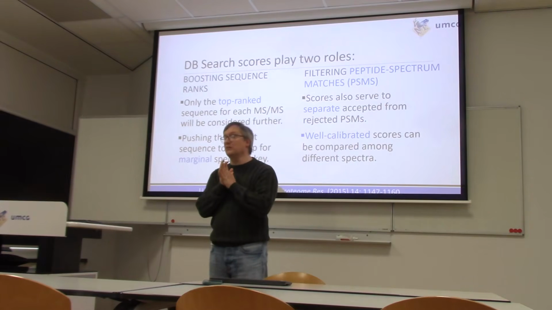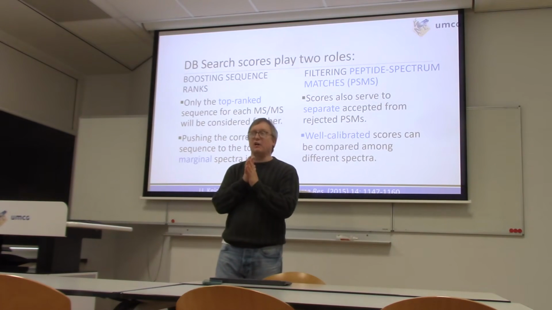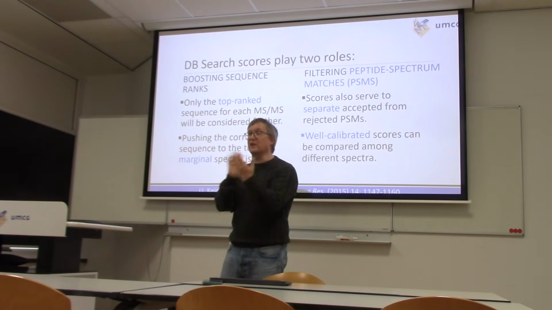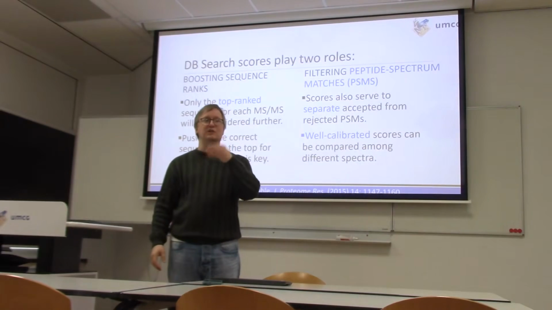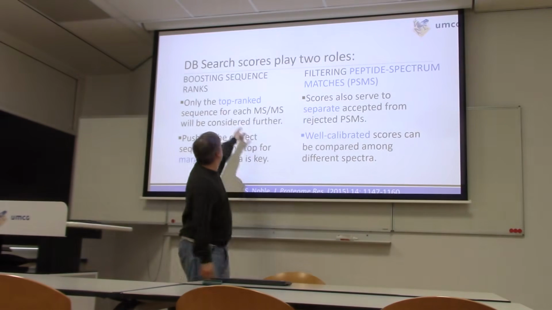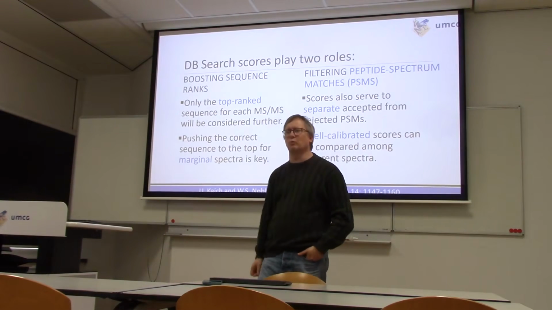Some of the computer science methods that have come up are very nearly machine learning-like in how they proceed to score the similarity between an observed and a predicted spectrum. But what role do we need to accomplish by using these search scores? So we're going to start with kind of a lesser understood concept here, but it's actually rather an important one.